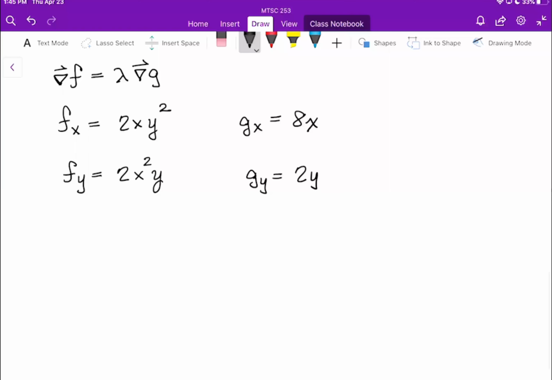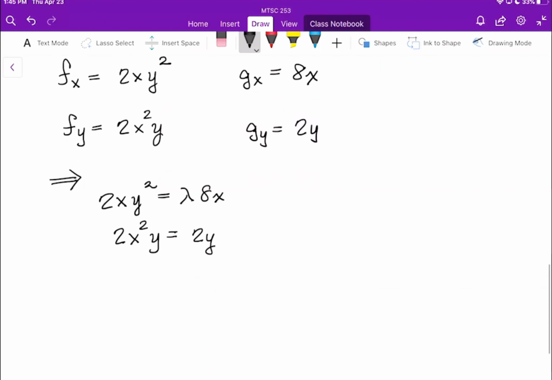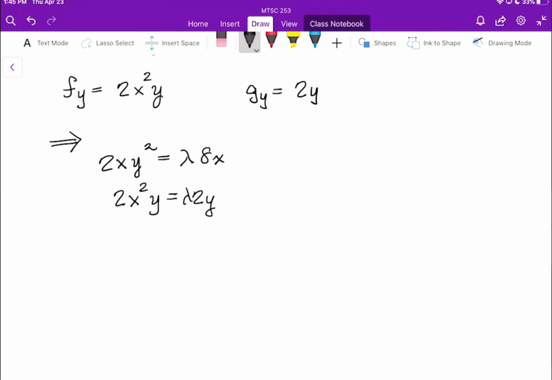So that gives me that 2xy squared is lambda times 8x, and then 2x squared y is equal to lambda times 2y. Oh, I'm missing a lambda.